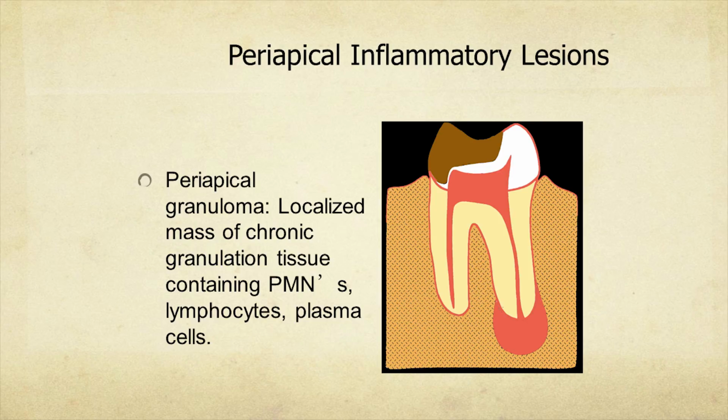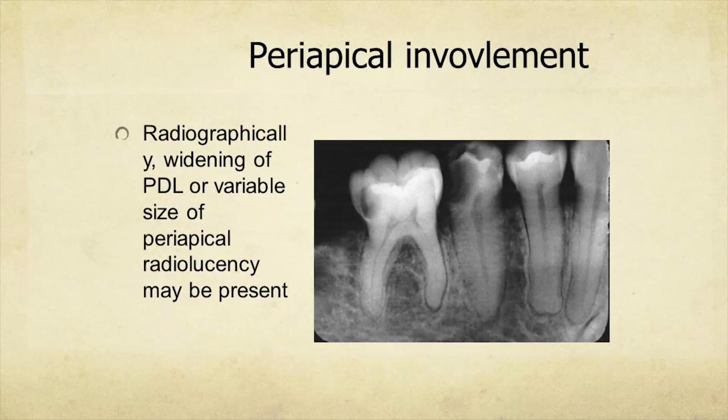It starts off as a demineralization process, but then it's picked up by other tissue responses, toxins, further breakdown, and then your inflammatory process kicks in. And when you have periapical involvement, you would see a couple of things like widening of the periodontal ligament space, and periapical radiolucency may be present based on the amount of bone breakdown around the root apices. Thank you.